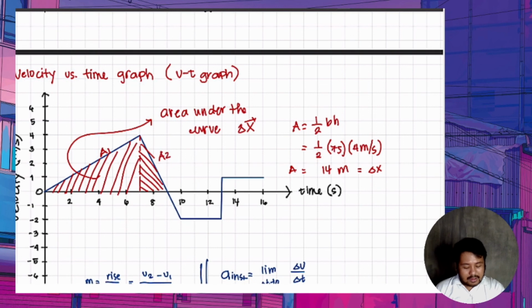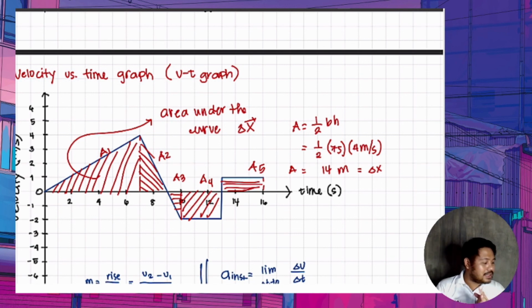Tapos, eto, area 3 if you want. Tapos, eto, area 4. Tapos, eto dito, area 5. So, if you want to get the total displacement, you have to add all the areas: area 1 plus area 2 plus area 3 plus area 4 plus area 5. Okay? So, that's for our velocity versus time graph.